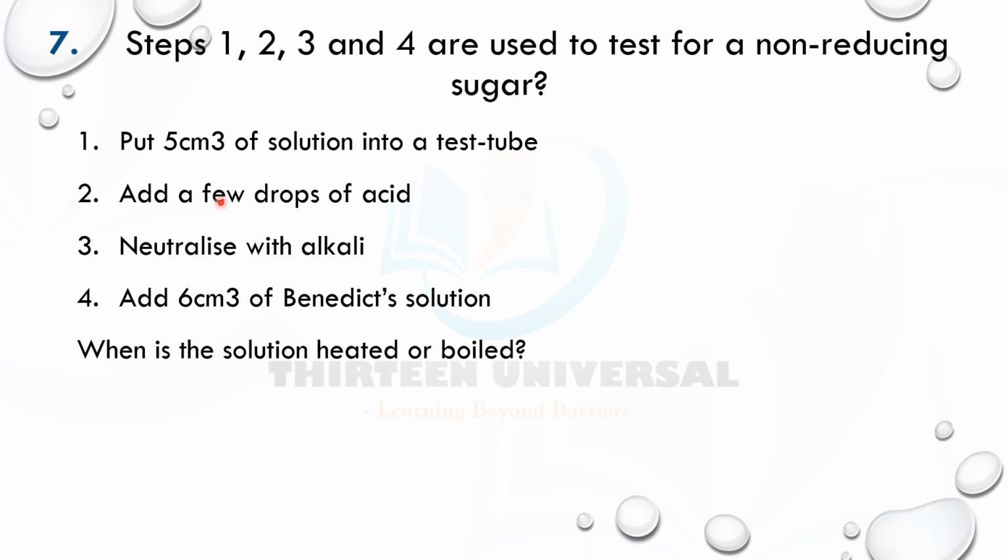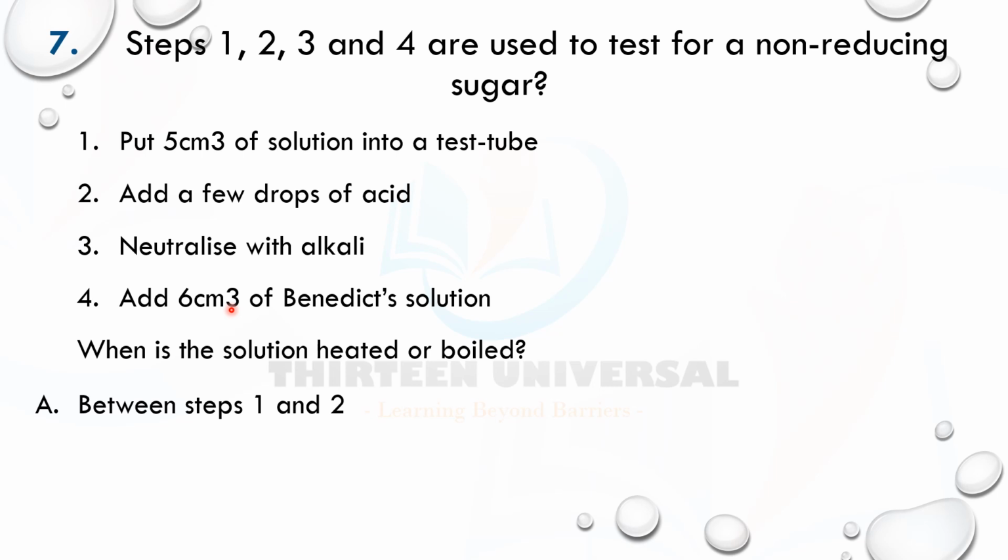Then after you cool, you add an alkali to neutralize it. Then you add the solution again, and you heat again. So when is it supposed to be heated? You heat it after adding acid and then after adding the solution the second time.